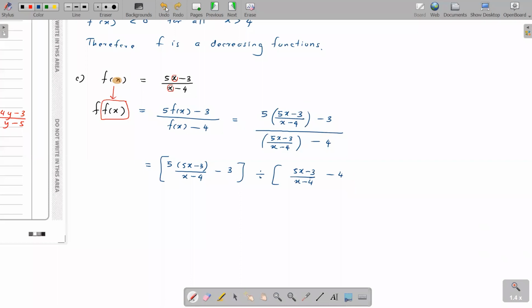And then we take the common denominator, which will be x minus 4. So let's simplify here. 5 times 5 is 25x minus 15. The common denominator will now be x minus 4, which means the minus 3 will multiply with x minus 4.